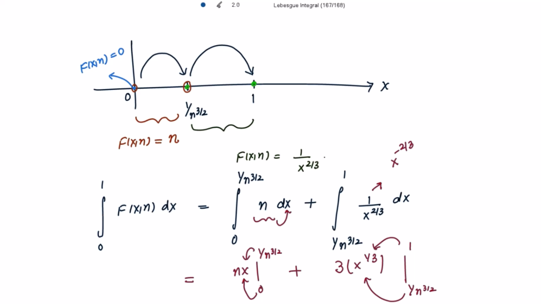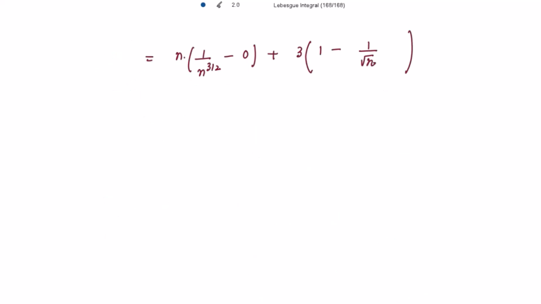So when n is multiplied with this, we get n into n to the power minus 3/2, which equals n to the power minus 1/2, that is 1 divided by square root n, plus 3 minus 3 divided by square root n, and that equals 3 minus 2 divided by square root n.